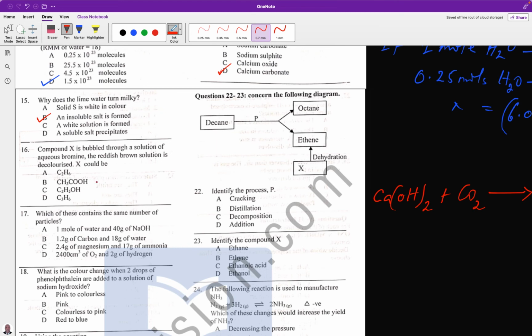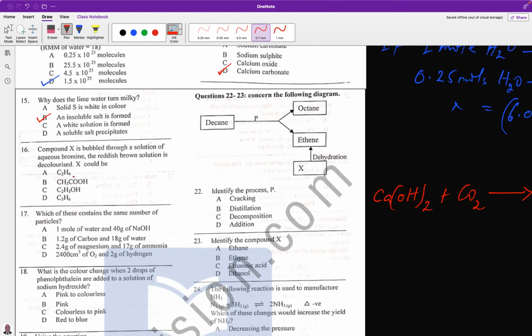Now we are told X is bubbled through a solution of aqueous bromine. The reddish brown solution is decolorized. D is bromine water, and it is the only one that can decolorize alkene. You have to look through the answers to see which of them is an alkene.